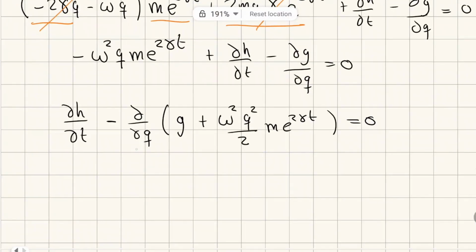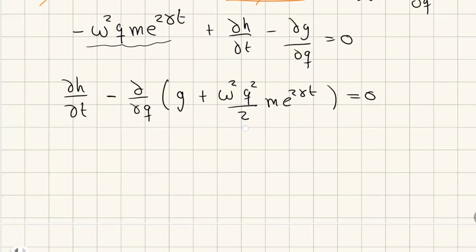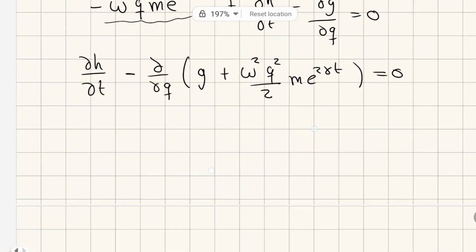Okay, if we take the partial of this quantity with respect to q, we will get this expression that we have here. So this is just to group this term as a function that is being derived with respect to q. Look that we have two functions that are being partial differentiated and they are equal to 0.